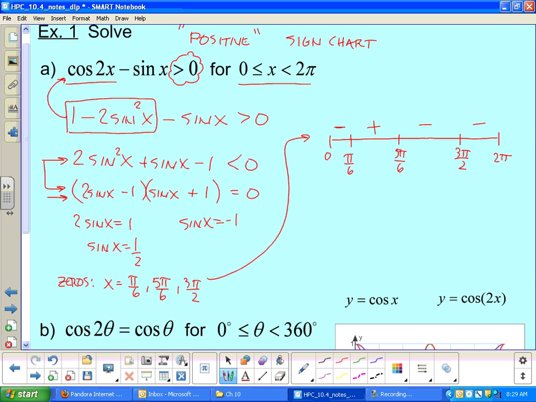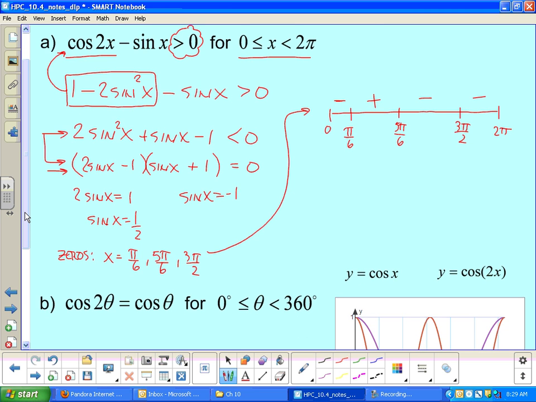If I tested that, I get a negative as well. So through my sine chart, picking values of x, we determine that our solution, so therefore, we would say, if we're doing interval notation, we are positive between pi over 6 and 5 pi over 6.